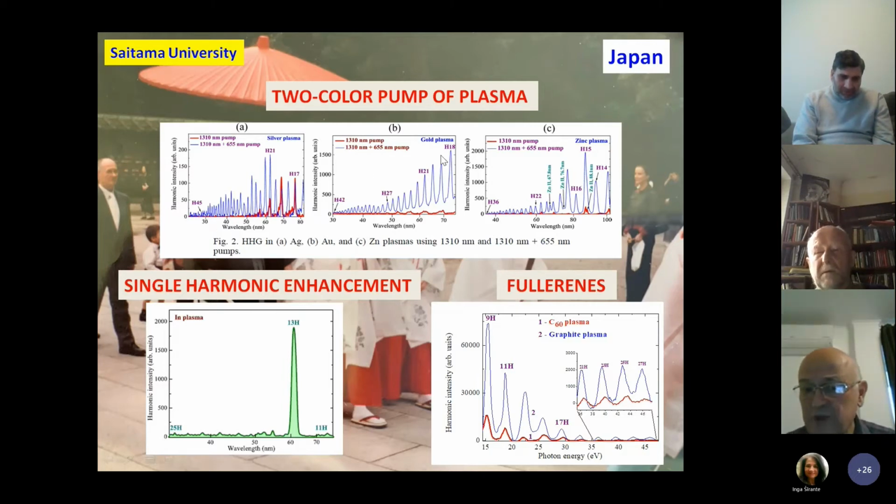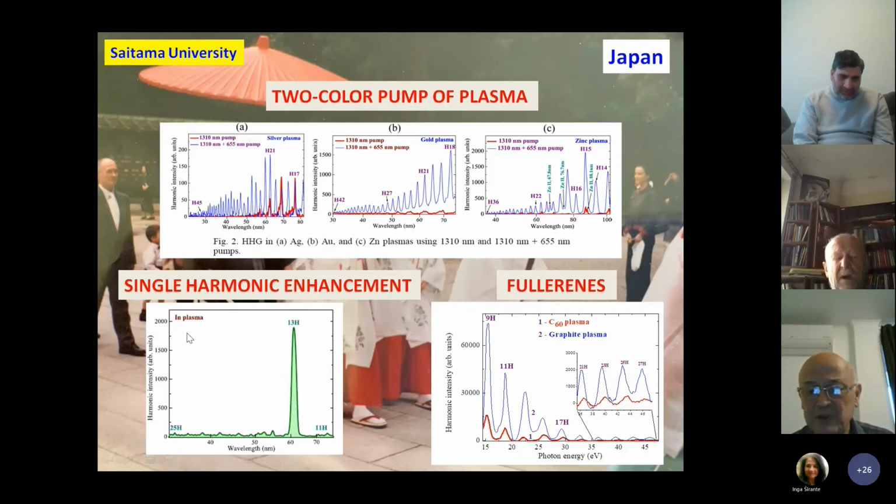The same can be demonstrated in the case of gold plasma. You can compare red and blue colors in the case of single and two-color pump, and in zinc plasma, the same here. Another interesting nonlinear optical feature is the single harmonic enhancement. As you can see, all the spectra are featureless.